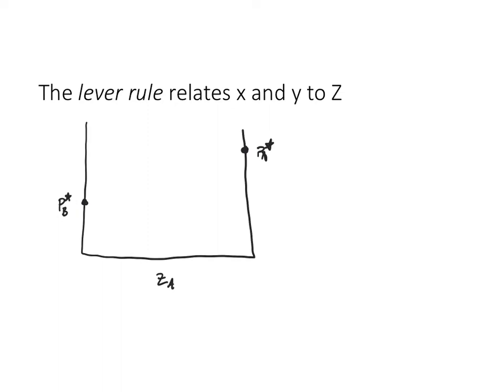I'm going to label ZA down here. Goes from 0 to 1. Okay, and then I'm going to use two different colors to represent consistently like I did on the last slide. There's the liquid, and then here's the vapor.